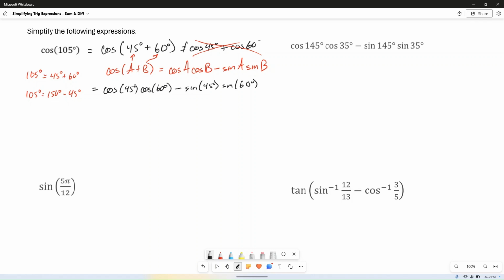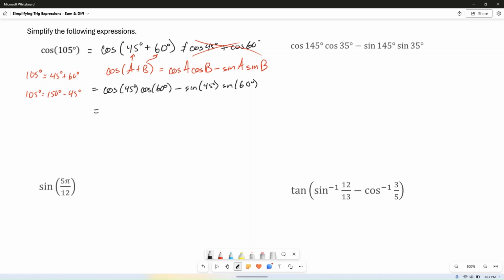So I've taken the cosine of 105, rewritten it as the cosine of 45 plus 60, and then used our identity to rewrite that as these separate trig functions. And if you notice, the cosine of 45, cosine of 60, sine of 45, and sine of 60 are all values that we can compute using our unit circle.